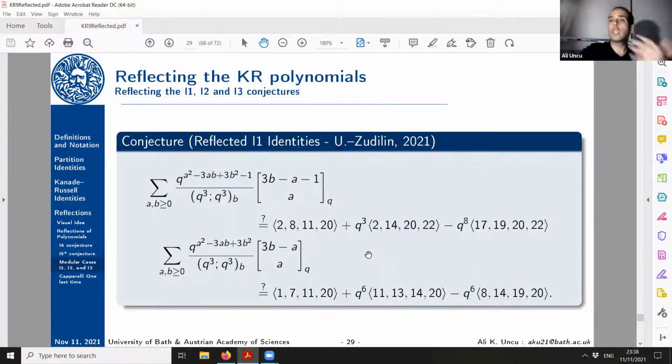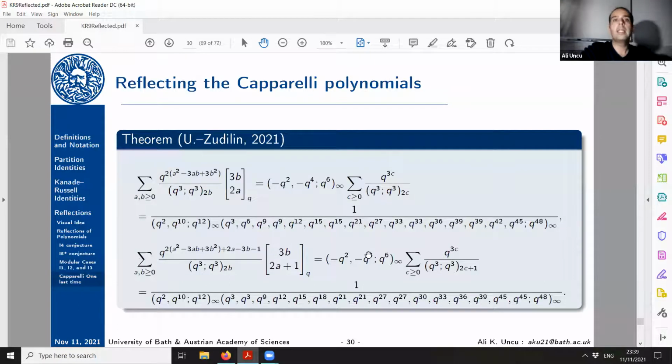But we have been talking about Capparelli's identity over and over again, and showing that there are similarities and how Capparelli's identity was so much nicer, so much easier to play with. And I want to finish with this: if you were to reflect the finite version of Capparelli's identity, the finite version was due to me and Alexander Berkovich, and clear the denominators, you would see that, for example, the first Capparelli identity here would turn into a modulo 48 product.